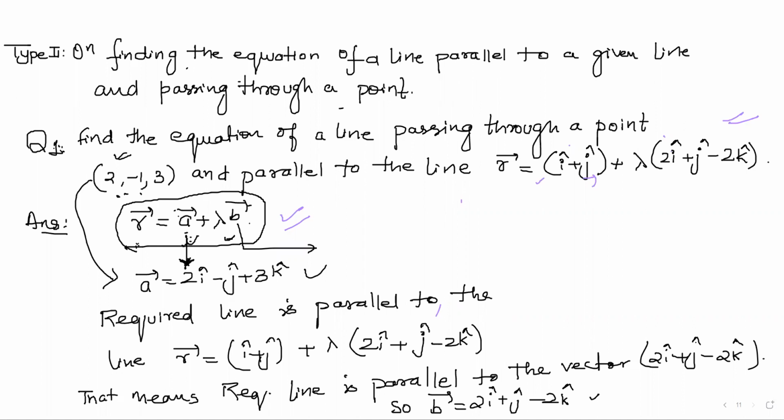I'm getting 2i minus j plus 3k plus lambda times 2i plus j minus 2k. Very good, Saf. It is correct. Atif and Huzefa, are you getting the same answer? Yes, sir. Okay, great. Huzefa, please confirm.